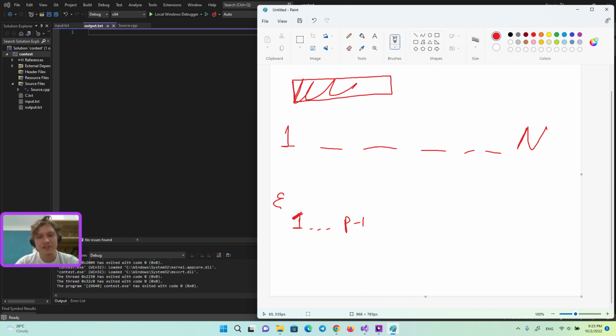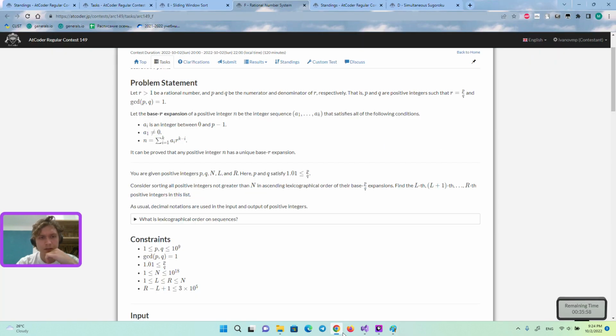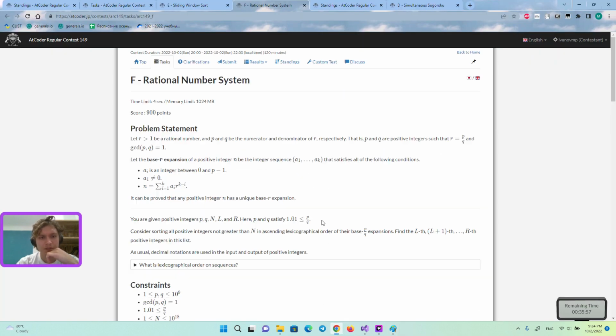And how many numbers start with 1? How can I check it? I don't know how I can check it. How many numbers start with 1? Maybe some sort of dynamic programming? But P and Q are big numbers.